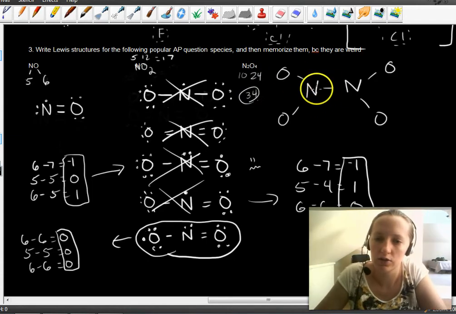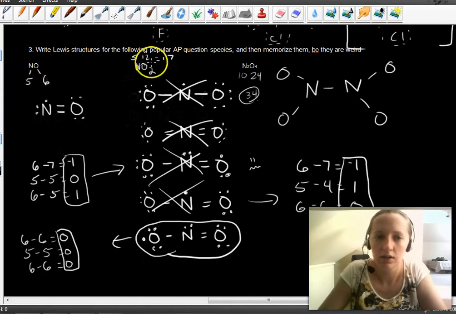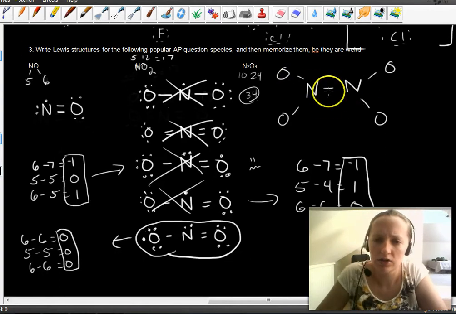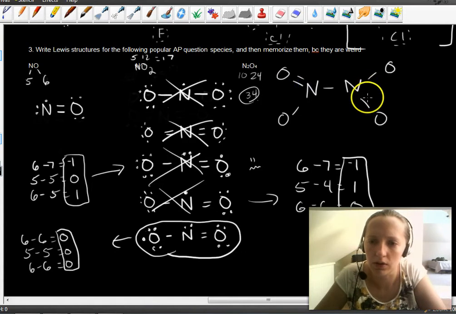And let's see, we've got 2, 4, 6, 8. And it's interesting because the nitrogens have got 3 bonds, and the oxygens have got 1 bond. Oxygens prefer to have 2, so we can try that one and this one, let's say.